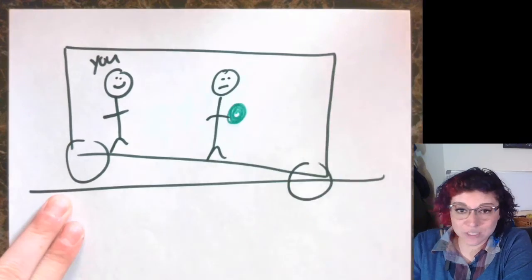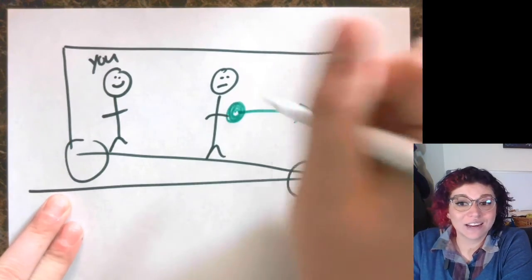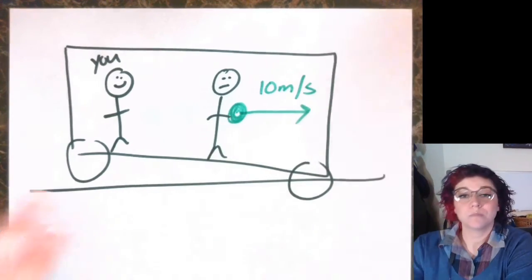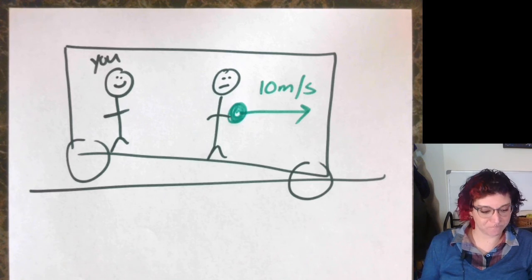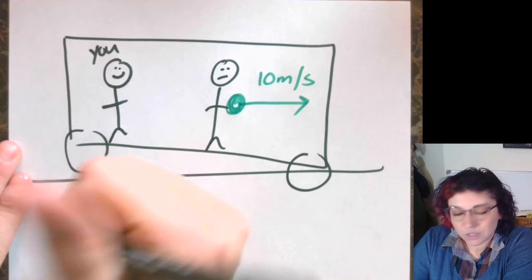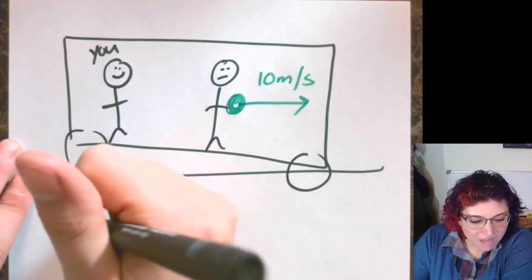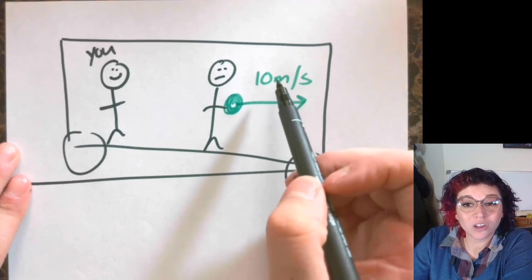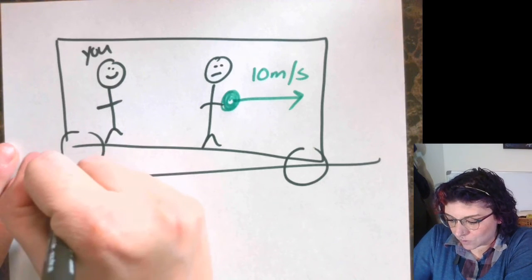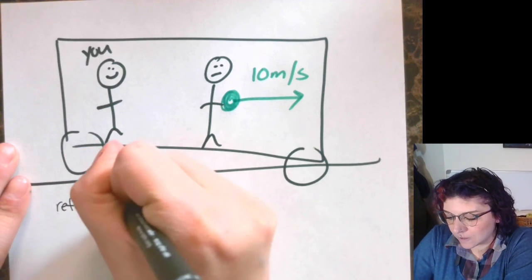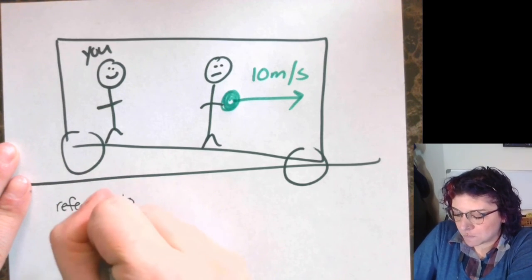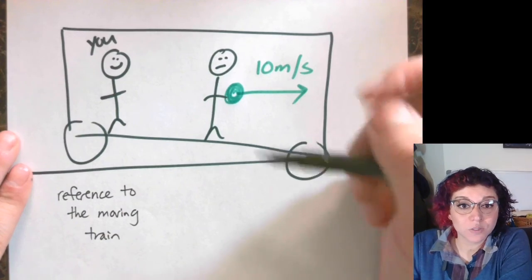And they throw the baseball in this direction at 10 meters per second. Let's say that you are looking at the speed of the baseball in reference to the moving train. So imagine this in your head.